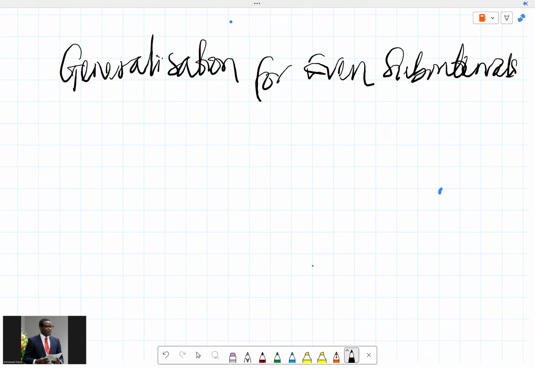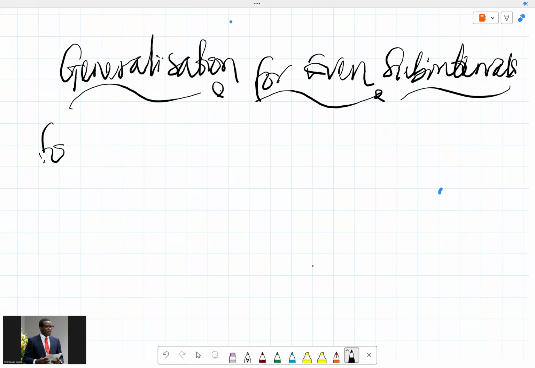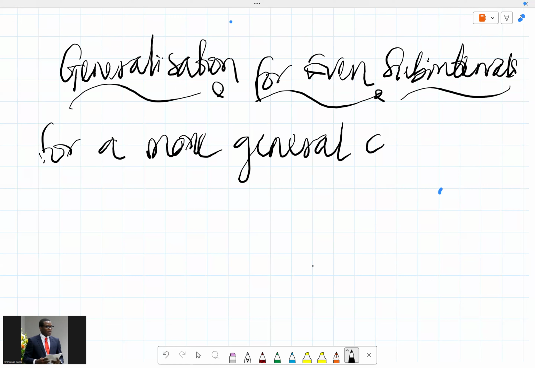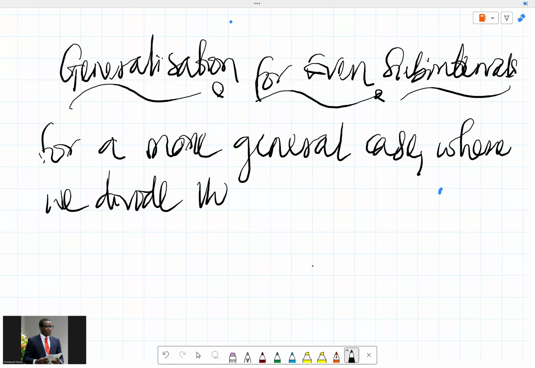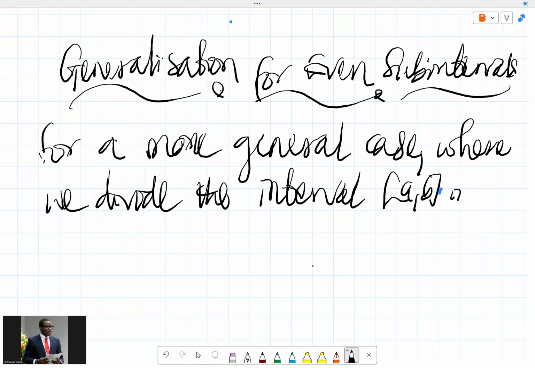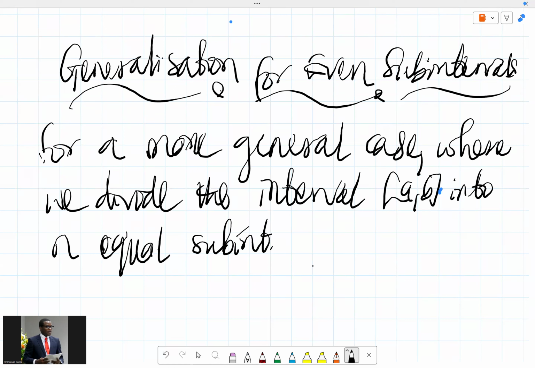So we have to take care of whether the number of subintervals is even or odd. For a more general case, we divide the interval a, b into n equal subintervals, where n must be even.